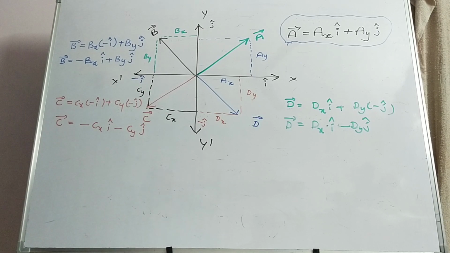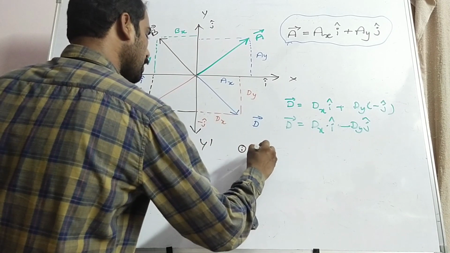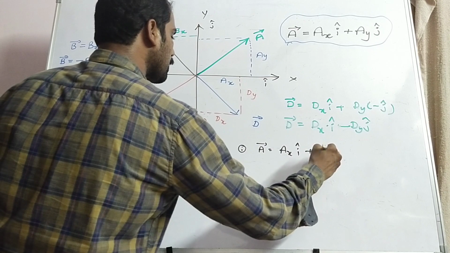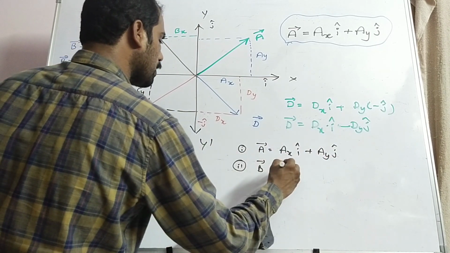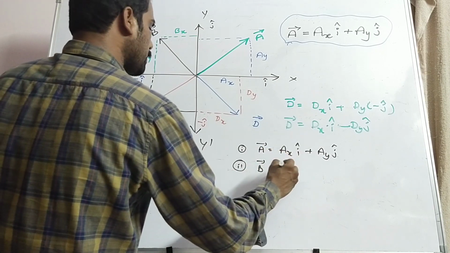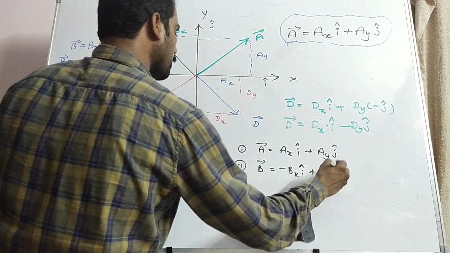Those are nothing but, number one, first quadrant vector a bar is equal to ax i cap plus ay j cap. Now what about second? b bar is equal to minus bx i cap plus by j cap.